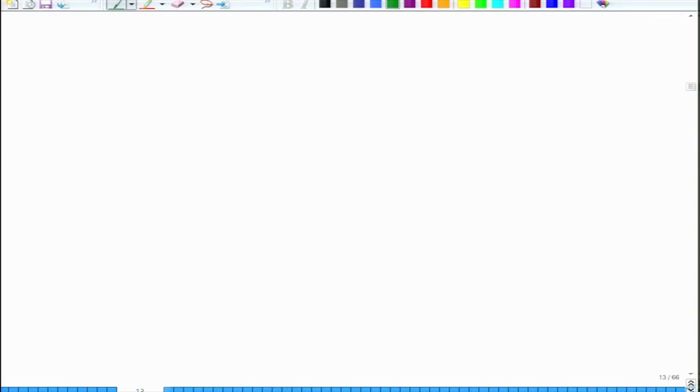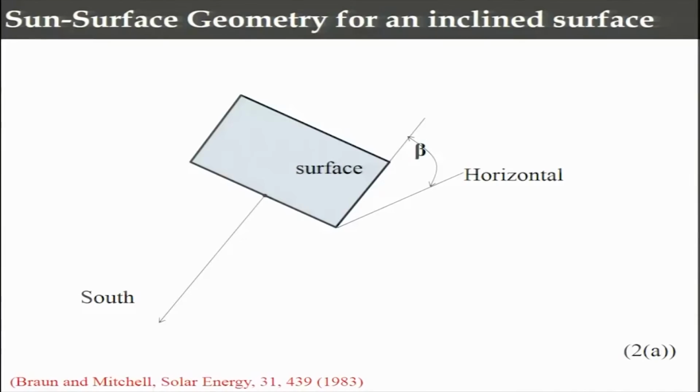Look at those relationships. This is a figure which shows the relationship of a surface, let's say a solar panel, which is inclined with respect to the horizontal at an angle beta. Essentially we are going to look at the relationship between various angles for an inclined surface, the sun surface geometry.